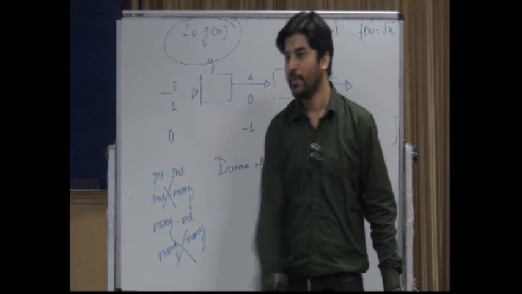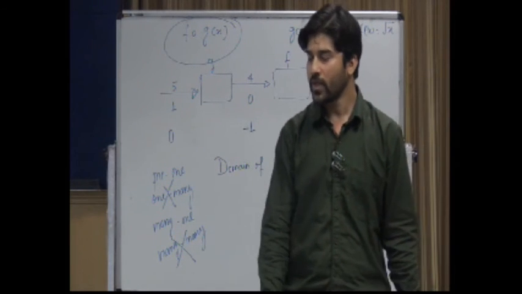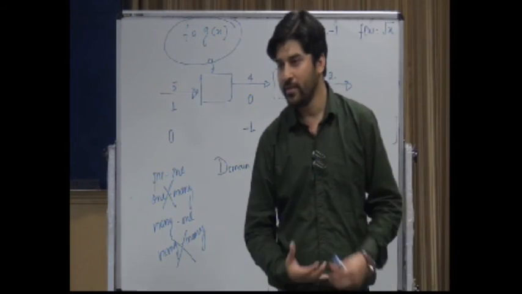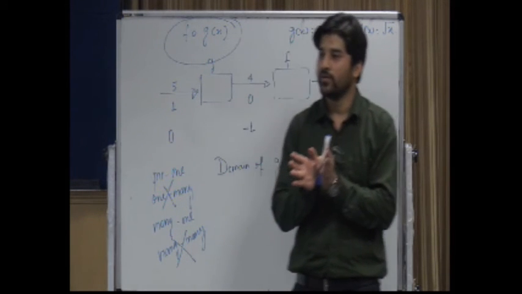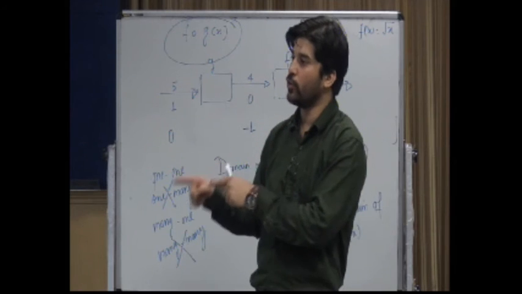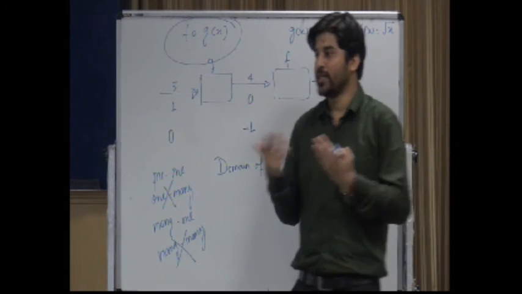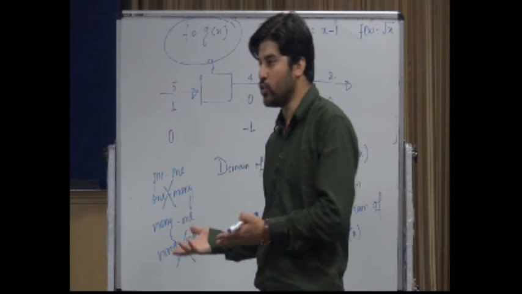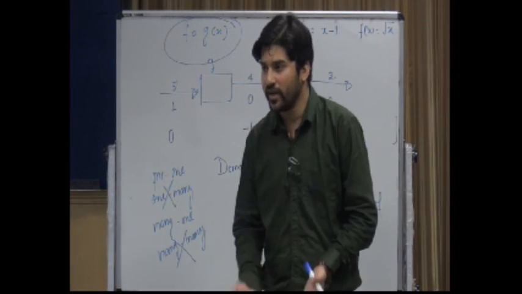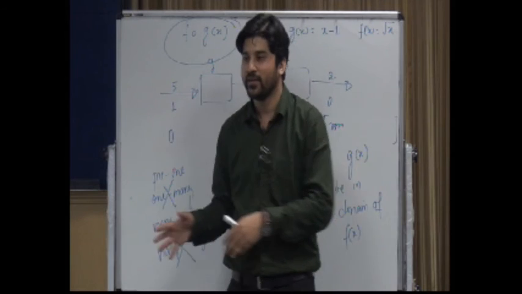Now the second thing is many 1. Many one means दो different inputs का same output आ रहा है. Let's say 2 plus 3, 4 plus 1, 3 plus 2, 6 minus 1, 7 minus 2, everything is giving me 5.